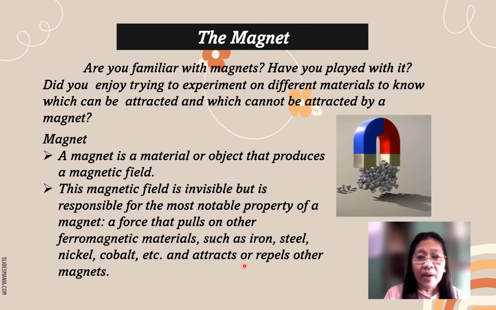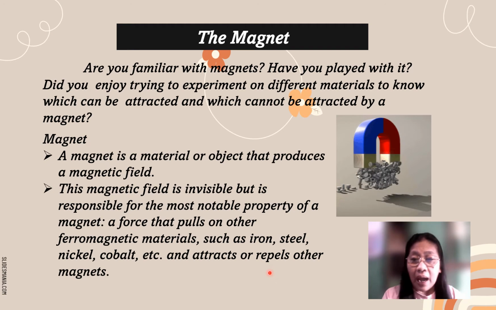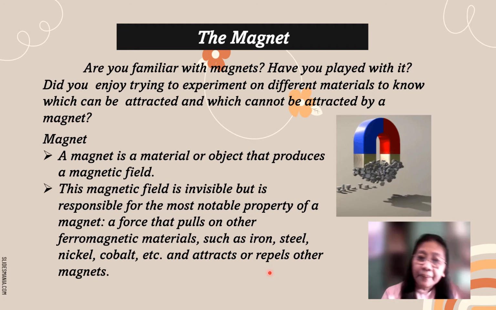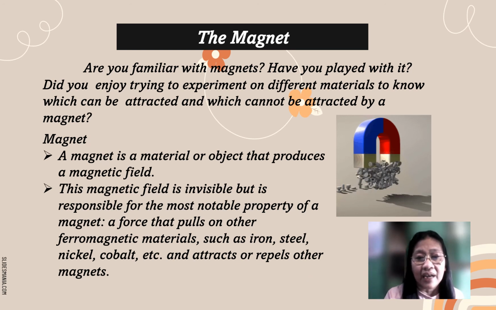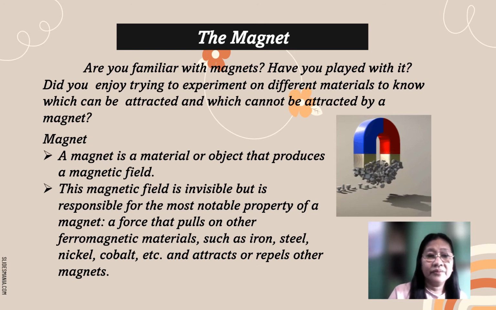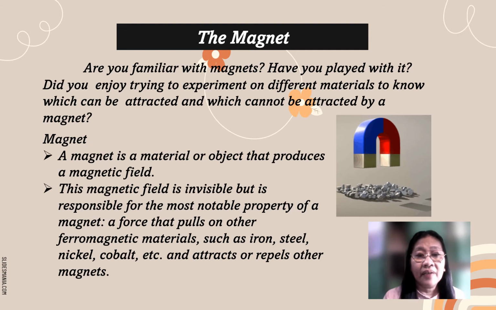And it attracts or repels other magnets. So whenever a magnet comes near to another magnet, it depends on how they are arranged together, whether it will attract or repel each other. So that's the characteristic of a magnet.